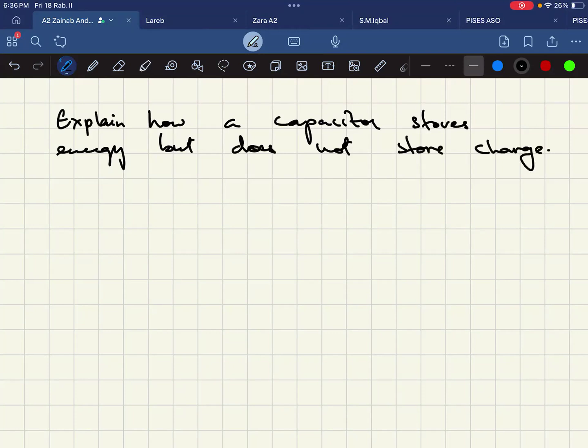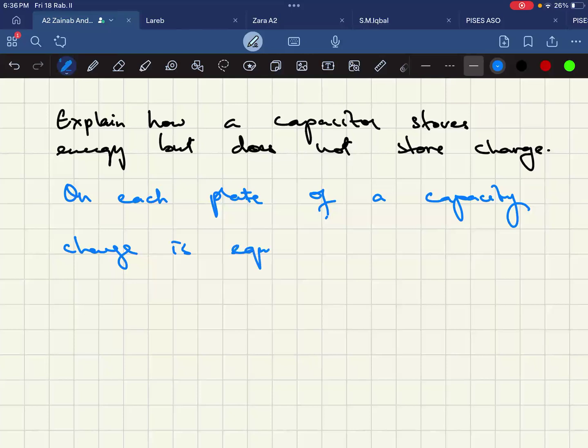This is a very common question, usually asked for 3 marks. So see, a capacitor does not store charge. You know why? The reason is that on each plate of a capacitor, charge is equal. We have drawn four positive charges above and four negative charges below.